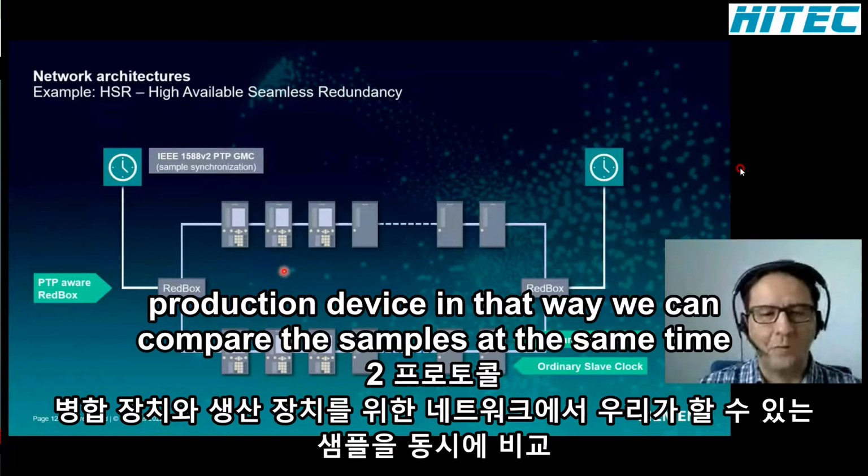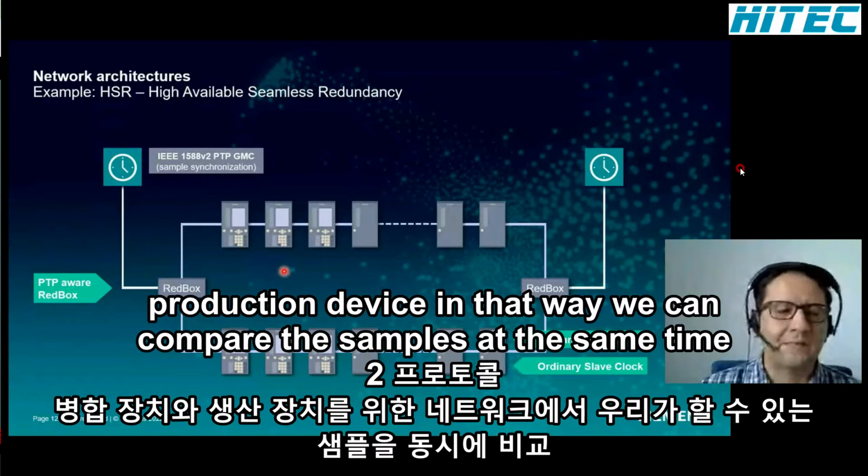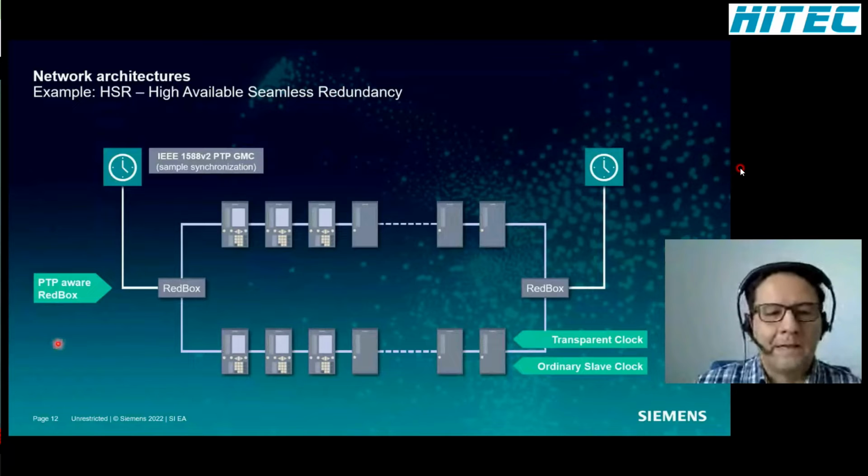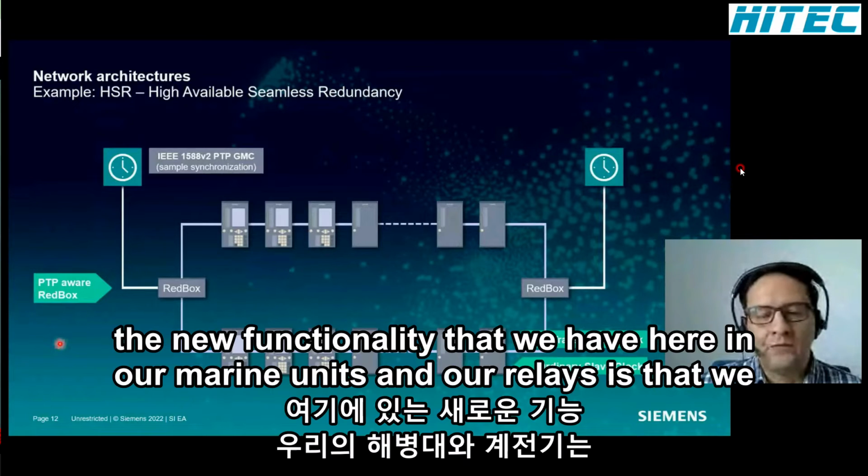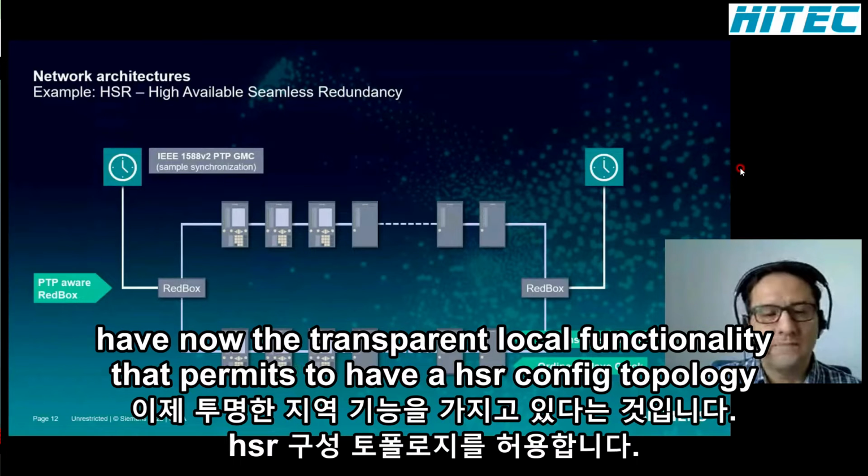In that way, we can compare the samples at the same timestamp. The new functionality that we have here in our merging units and our relays is the transparent clock functionality that permits the HSR configured topology.